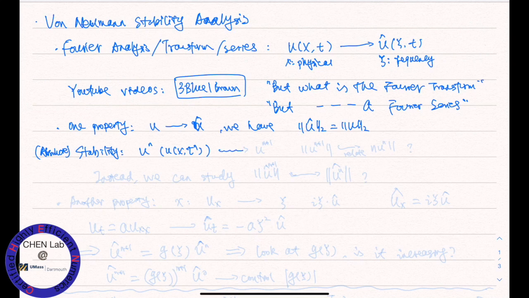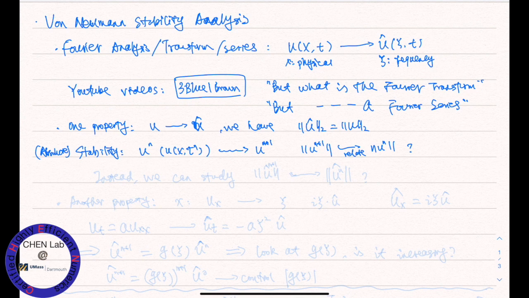You do some thing, for forward Euler or other schemes, you're going to get u^(n+1). And what we care about is how much growth there is from u^n to u^(n+1). How can we relate the norm of u^(n+1) to the norm of u^n?